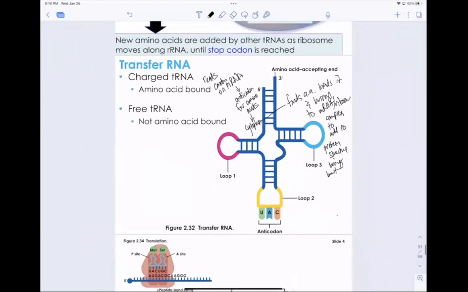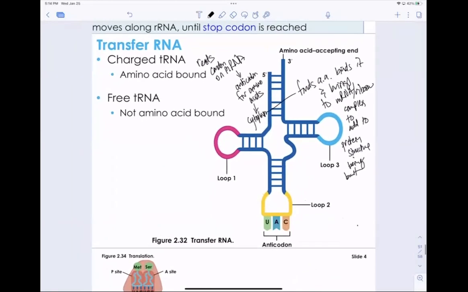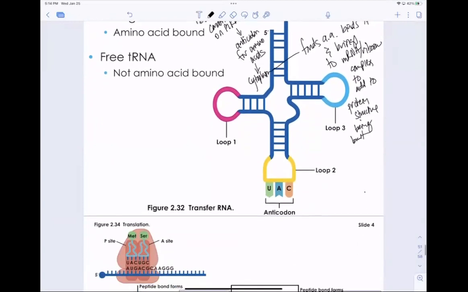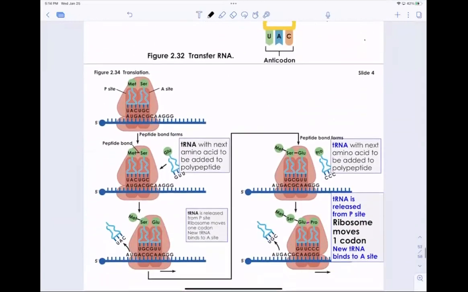So these tRNAs, or transfer RNAs, if they have an amino acid, it's called charged. If it doesn't have an amino acid, it is a free tRNA.